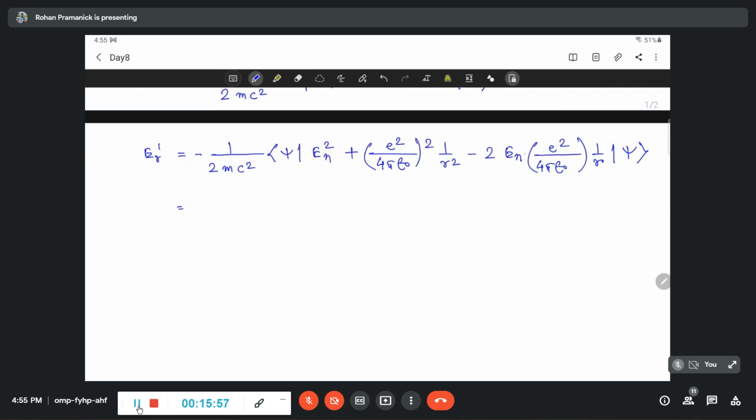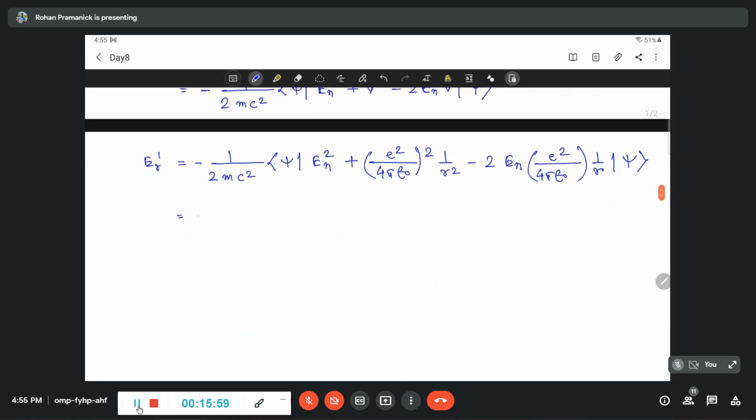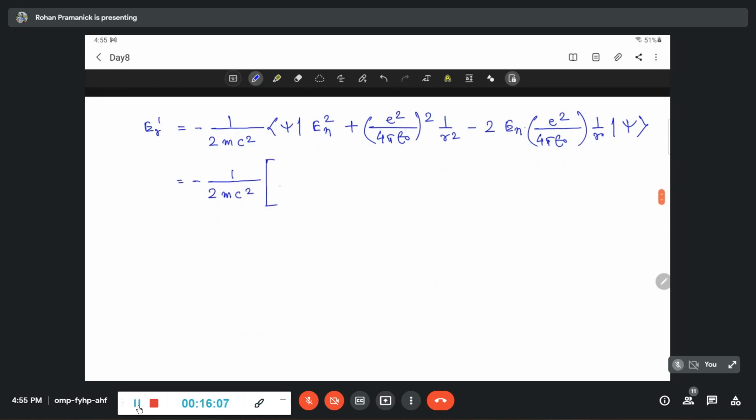Okay, and then we have to extract 2mc squared. n squared is a number, so we can take it out. This is n squared.